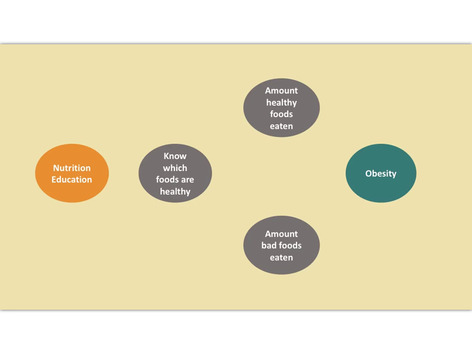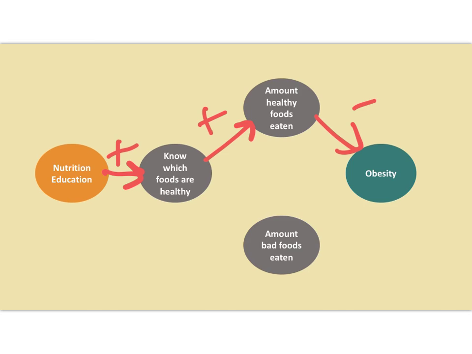So the idea is that if you increase nutrition education, again, your knowledge about which foods are healthy will increase. And as we said before, that'll increase the amount of healthy food eaten, more vegetables, and that will decrease obesity.